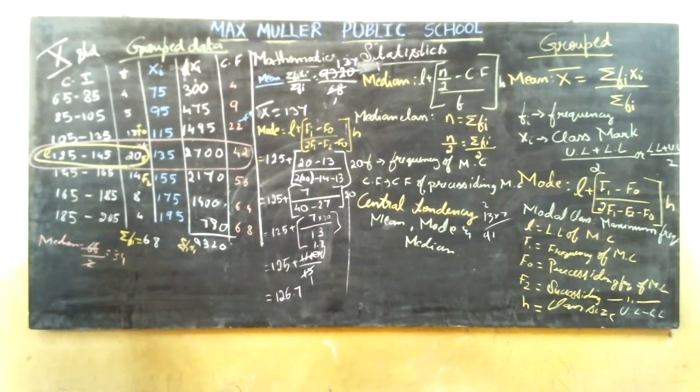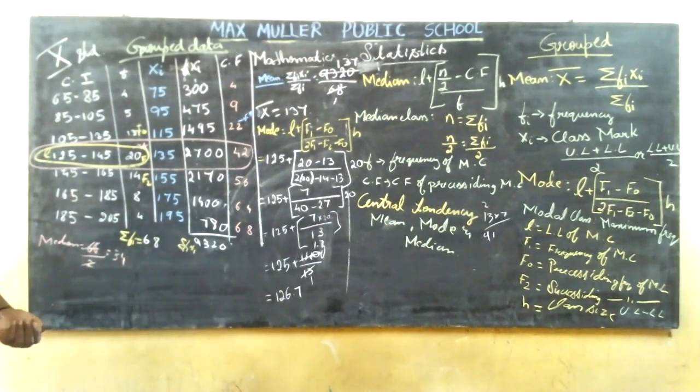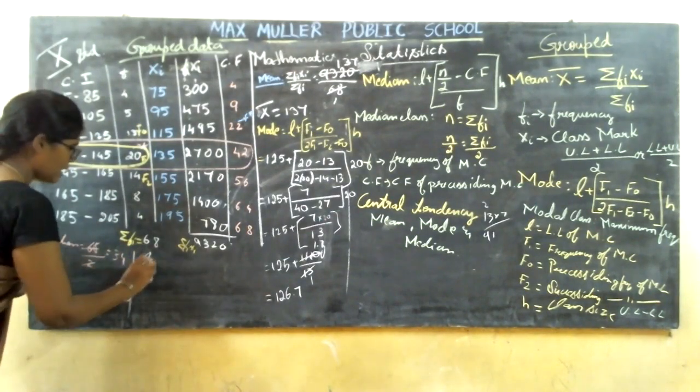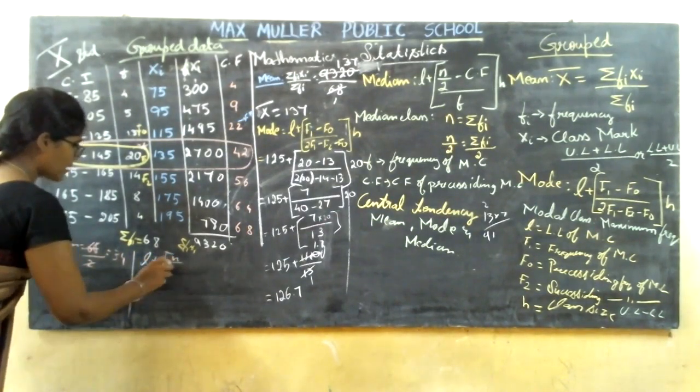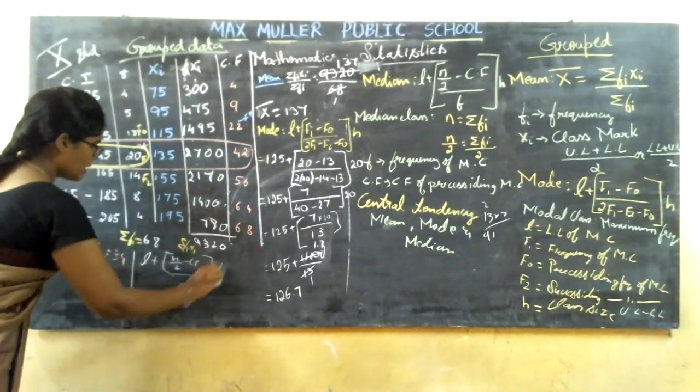Now what next? Next is putting inside the formula and solving it. What is the formula given as? The formula is L plus (n by 2 minus CF) divided by f into h.